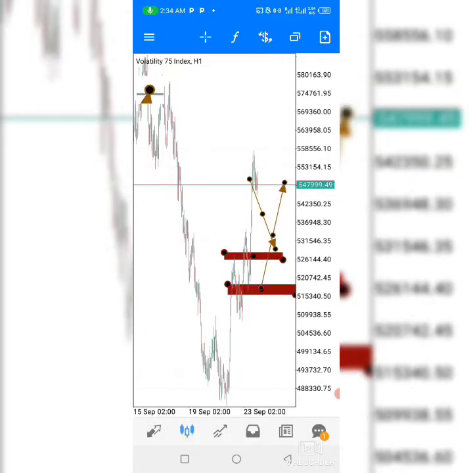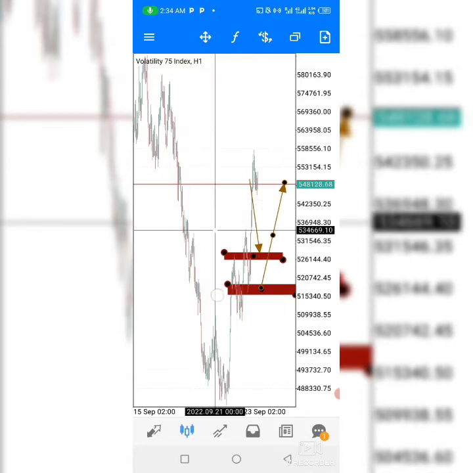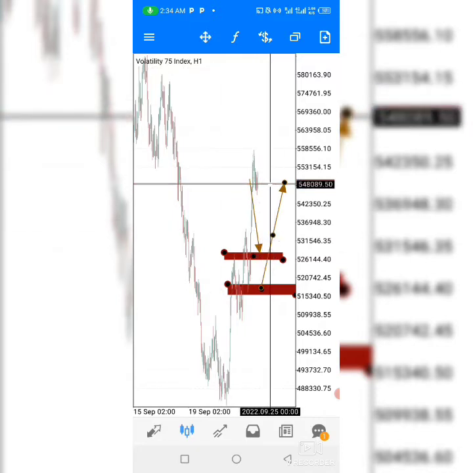Push. So now, any person that buys this market at this time is going to do what? Lose, because this is not the right time to sell. And any person that sells this market is going to lose, because you are selling in a trending market. So it's a probabilistic issue.